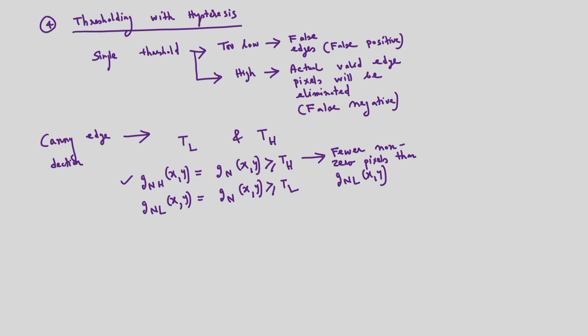That is obvious, because I am obtaining Gnh by comparison with the high threshold, so I have only a few non-zero pixels. Then Gnl xy. So you can see how to get these two images, one is Gnh and another one is Gnl. I am comparing with the two thresholds, one is the high threshold and another one is the low threshold. And for initialization, how to do the initialization?